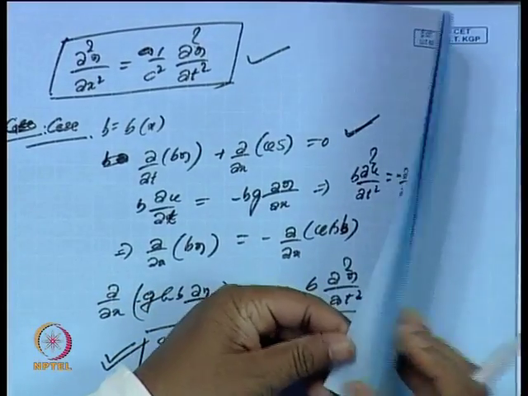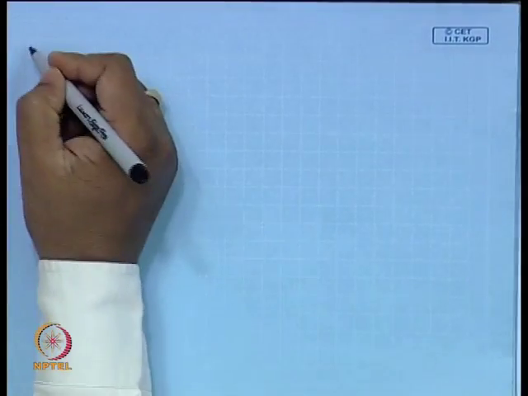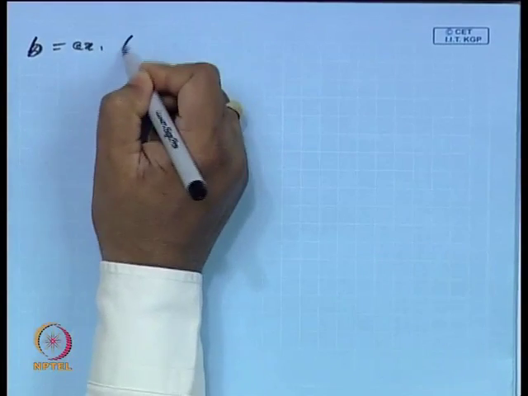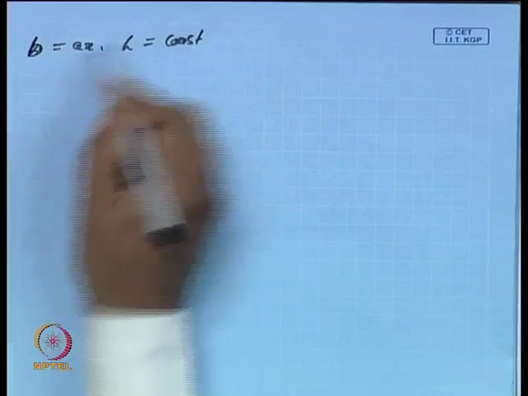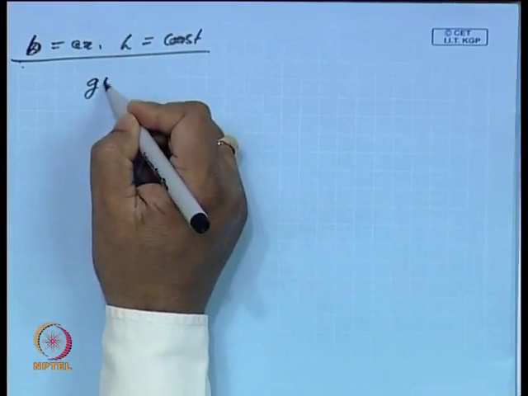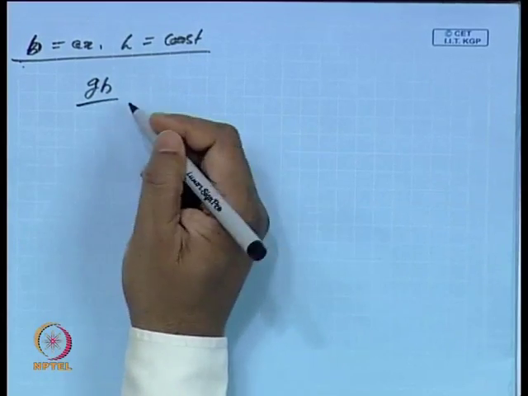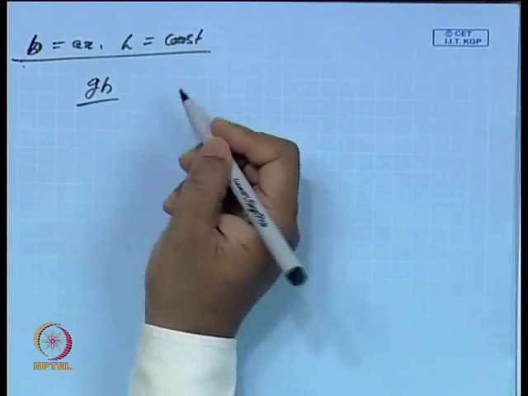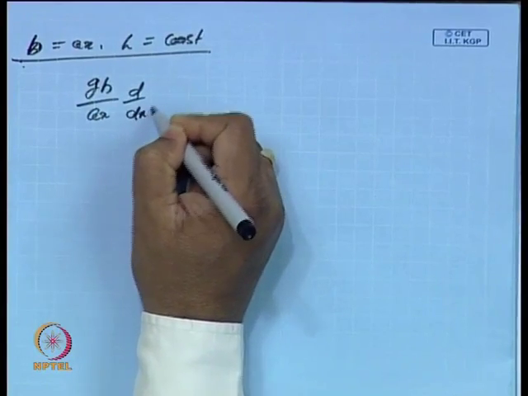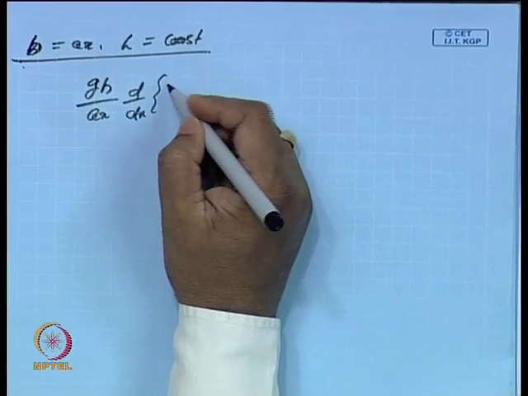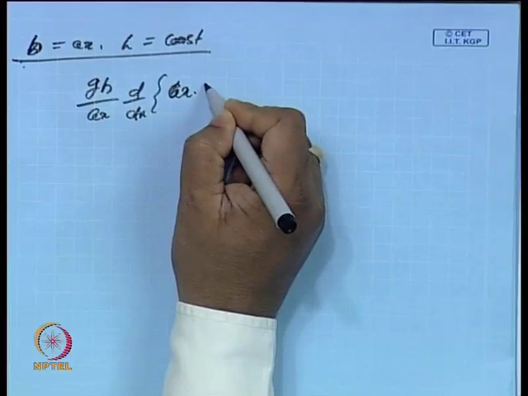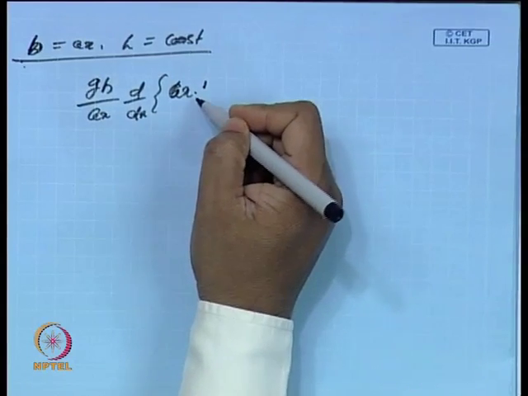Then one can easily get, in particular when b is equal to a x and h is equal to constant, then this will give me g h by b, because b is a x, into d by dx of b h into del eta by dx. b is a x, h is constant, already h has gone.